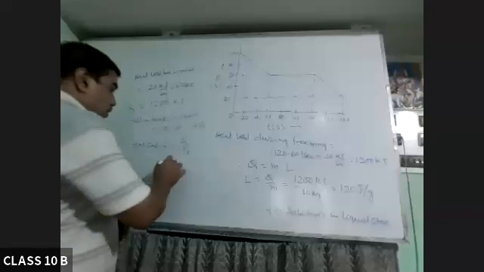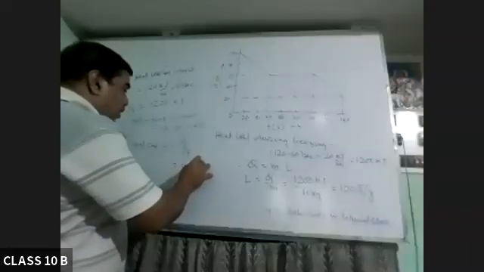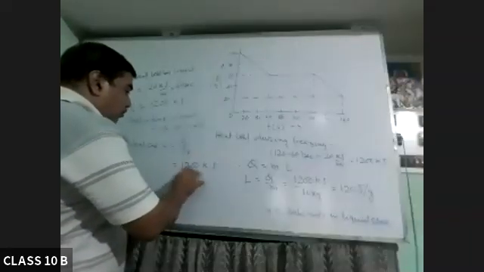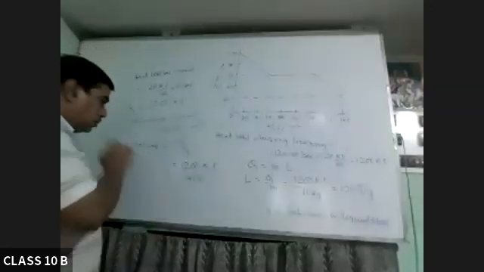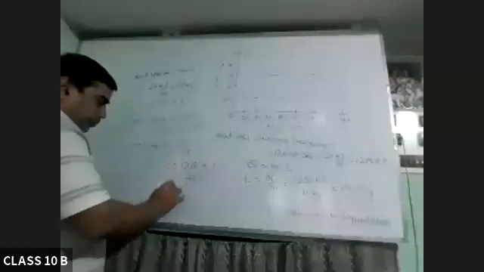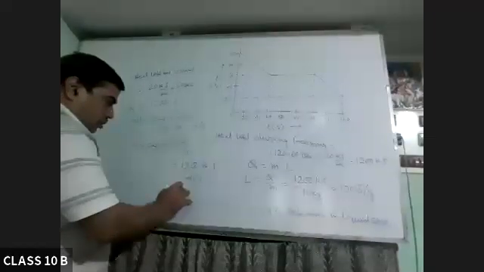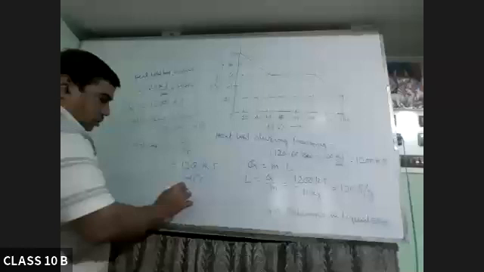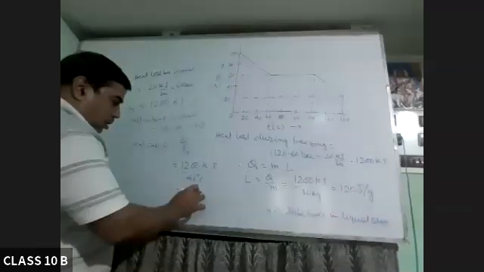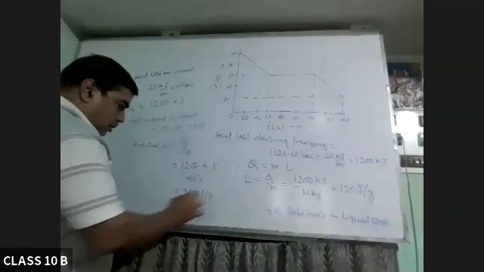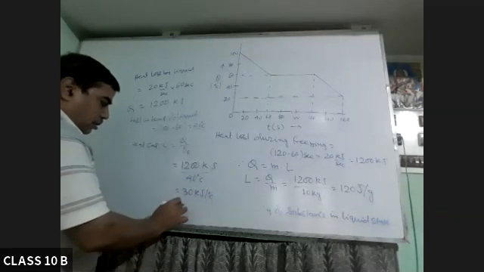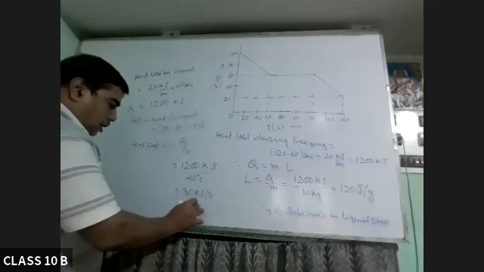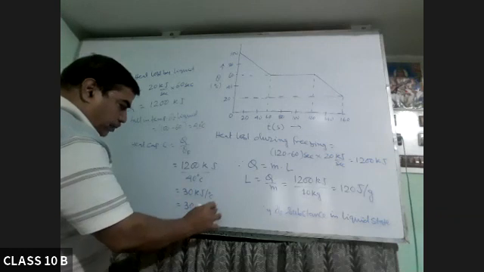So this is 1200 kilojoule by 40 degrees Celsius, that is 30 kilojoule per degree Celsius, or 30,000 joule per degree Celsius.